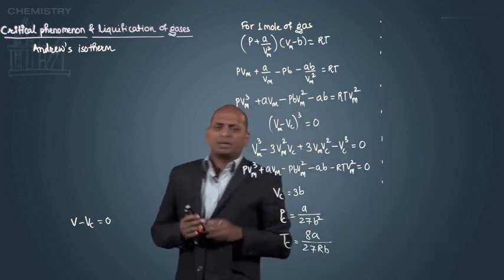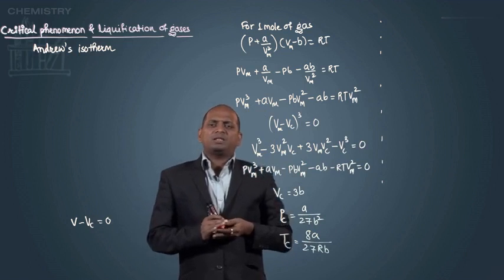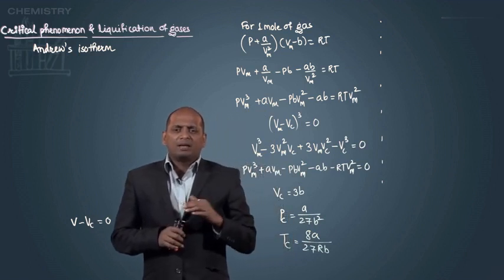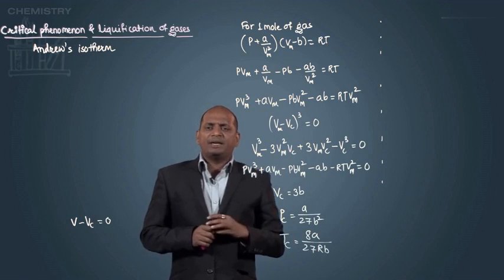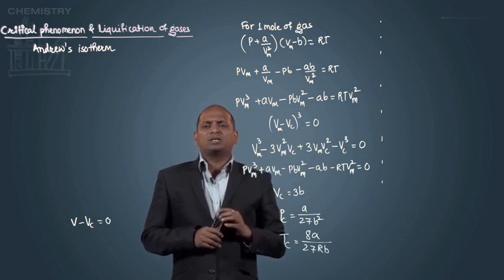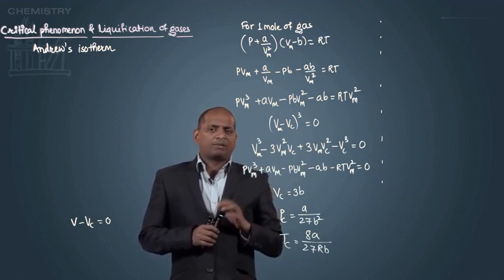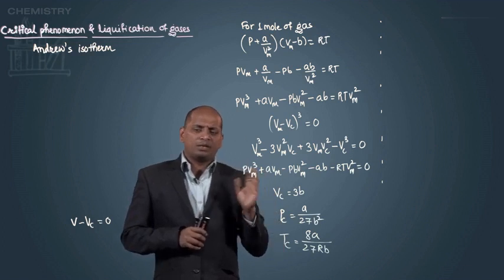Now, some of the things which we need to remember. One is called Boyle's temperature. The temperature at which a real gas behaves as an ideal gas is called Boyle's temperature. So, that we have to remember. Now, all those formulas were derived.